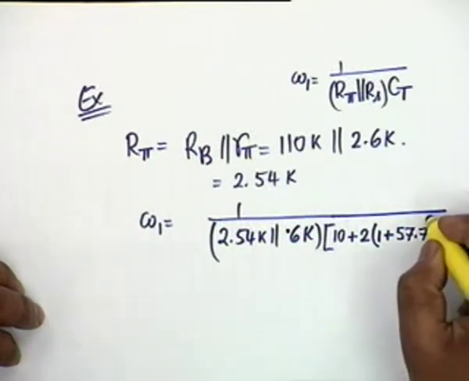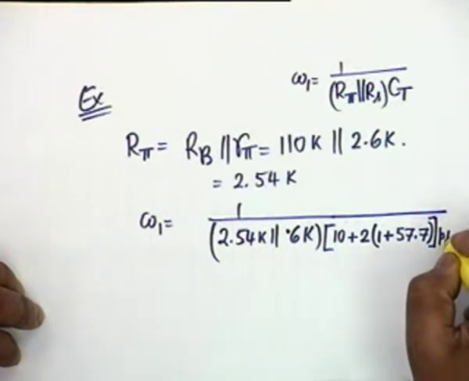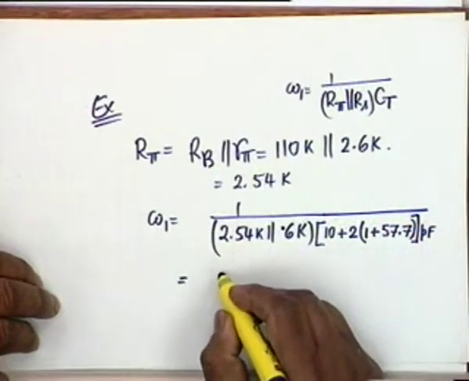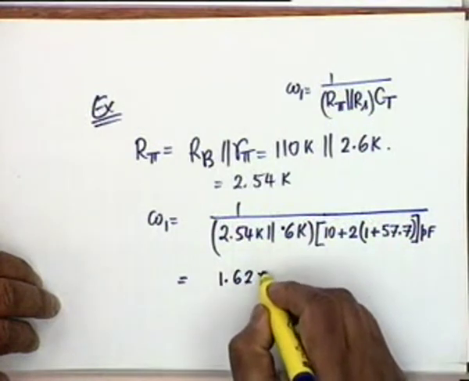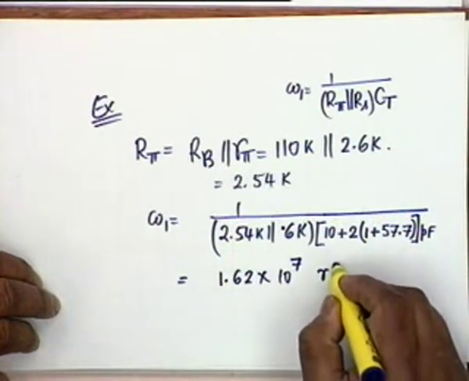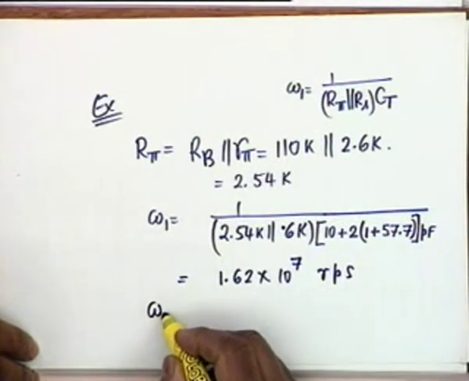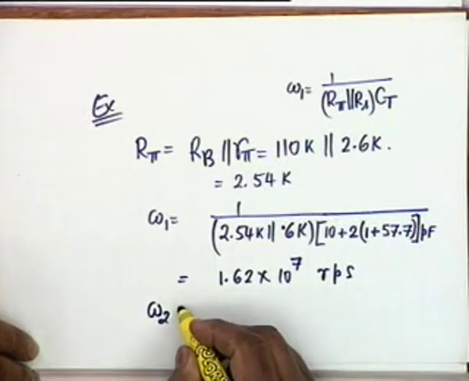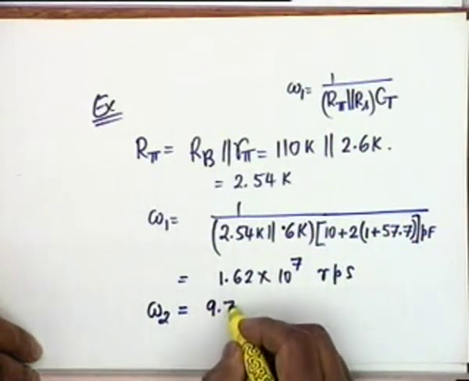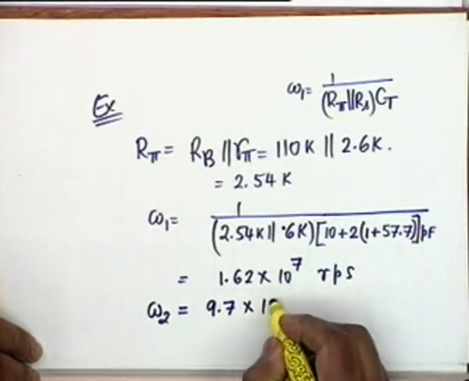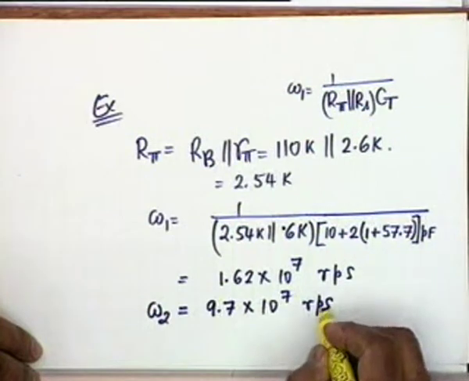This works out to 1.62 multiplied by 10 to the 7 radians per second. Recall that omega 2 was calculated as 9.7 times 10 to the 7 radians per second.